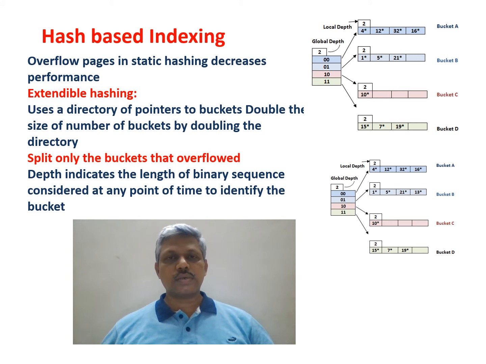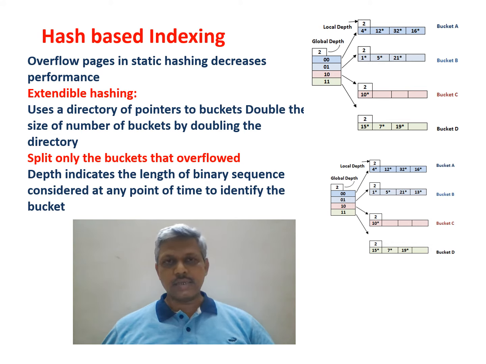To avoid this, a new mechanism in the form of extendable hashing is created, where the buckets are dynamically increased or decreased according to the requirements. Here, a directory of pointers is created which points to the actual buckets.